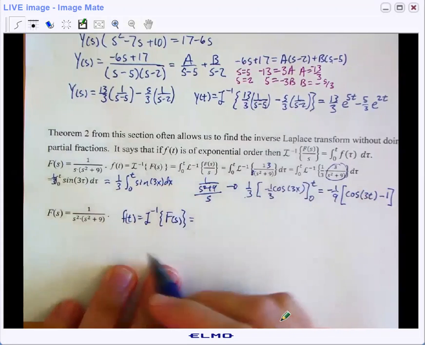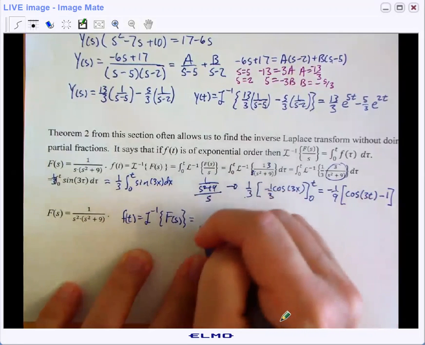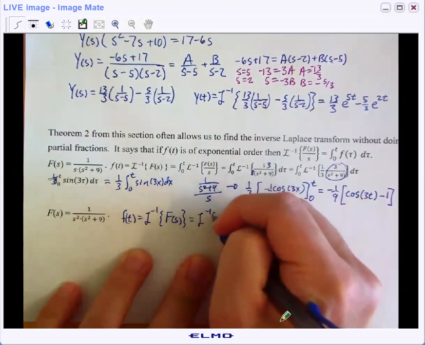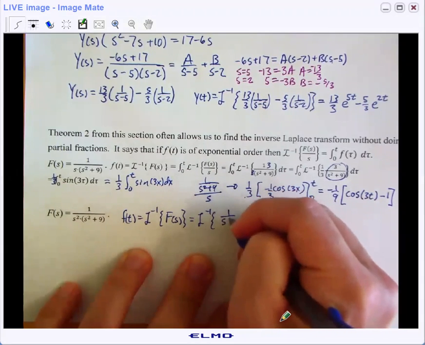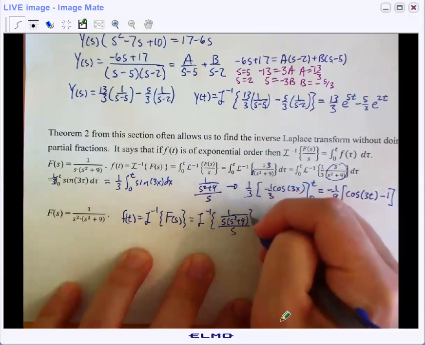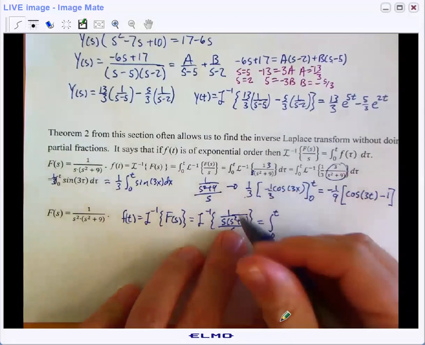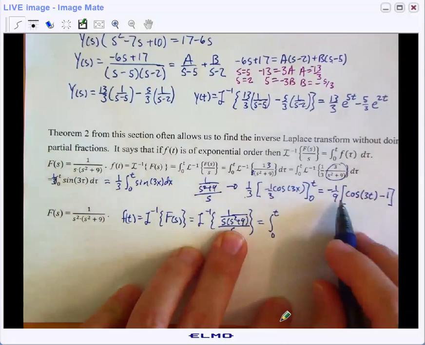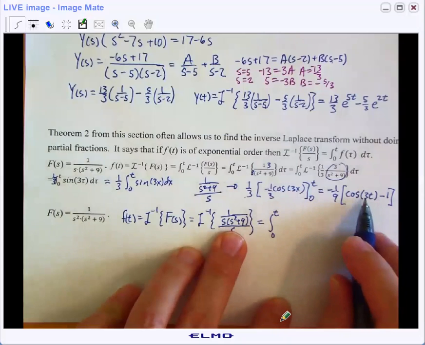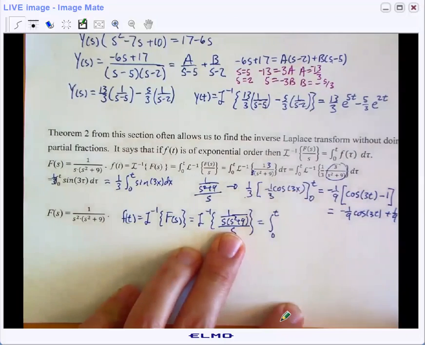Okay, and noticing that, we could look at this as the inverse Laplace transform for 1 over s times s squared plus 9 over s, which would then be the integral from 0 to t of this inverse Laplace transform, which we found out just a minute ago. So that we don't mix up our variables, let me go ahead and just call this guy negative 1/9 cosine of 3t plus 1/9, just so it's a little easier.